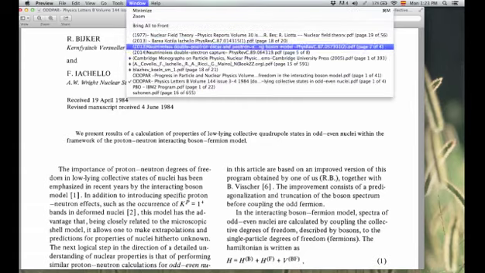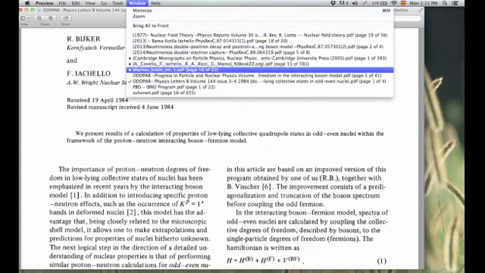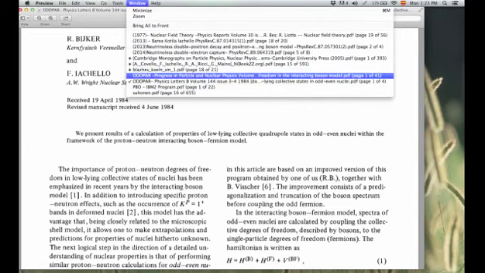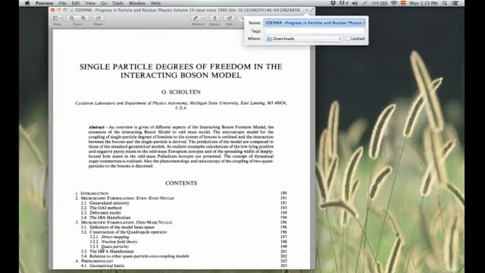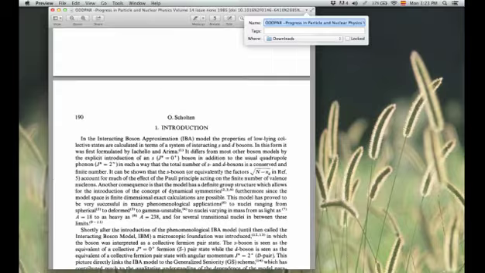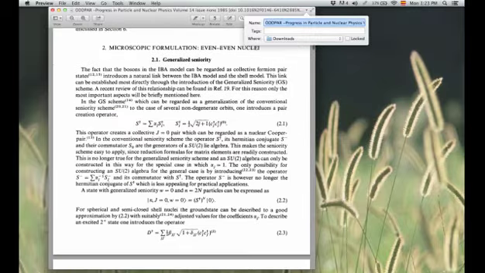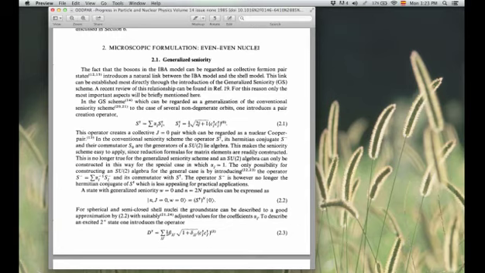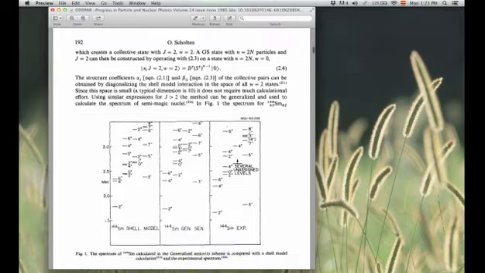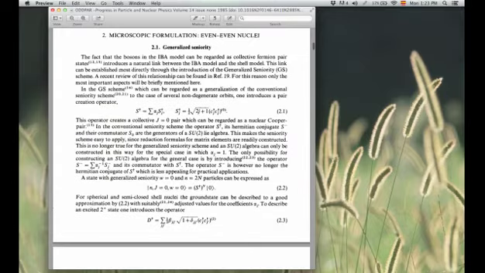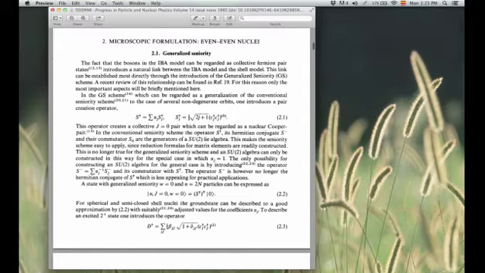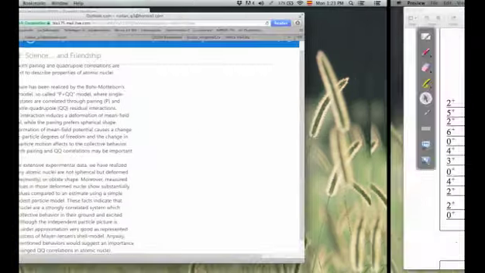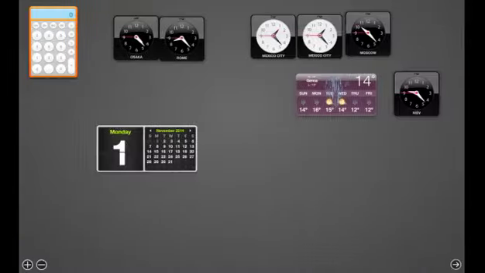The seniority was well developed by Scholten. I can show you this, for example. Scholten developed the theory of seniority for this model, which is something that you mentioned also in your paper here.